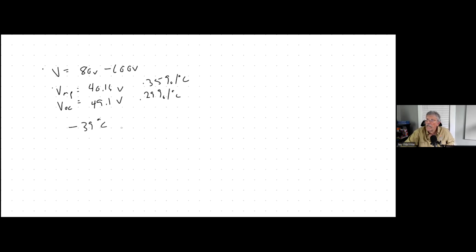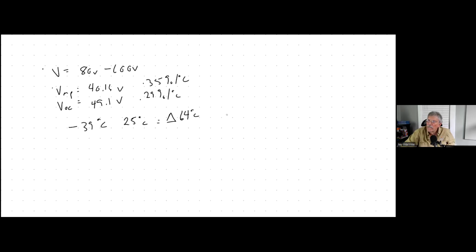Okay, so now we need to know what is the delta between the coldest temperature and standard test conditions. So standard test conditions is 25 degrees Celsius. So minus 39 to positive 25 is going to be 64. It's a delta of 64 degrees Celsius.